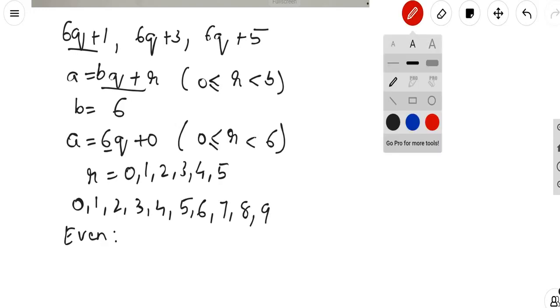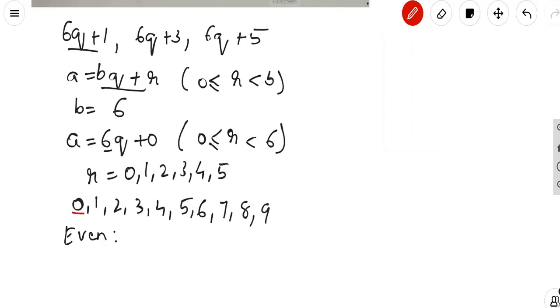Now if you see this number, 0, if you divide here, you are going to get remainder 0. So this is also divisible by 2 and you get remainder 0. This is also divisible by 2 and you get remainder 0.